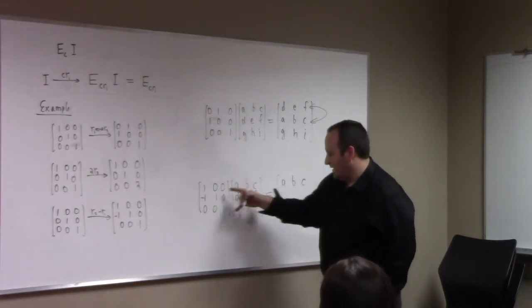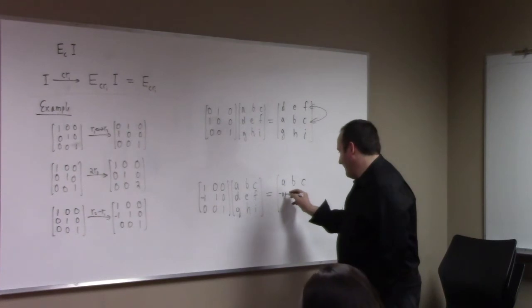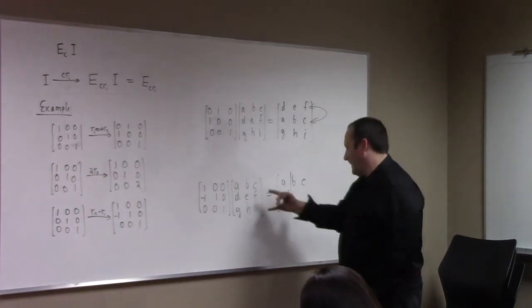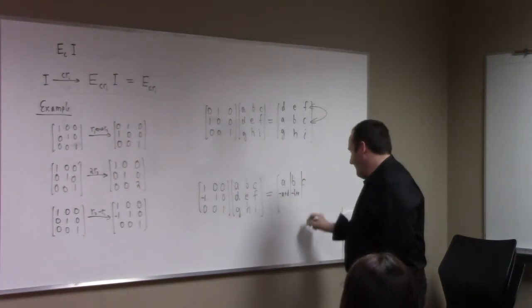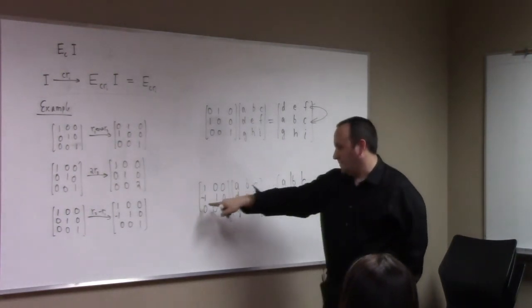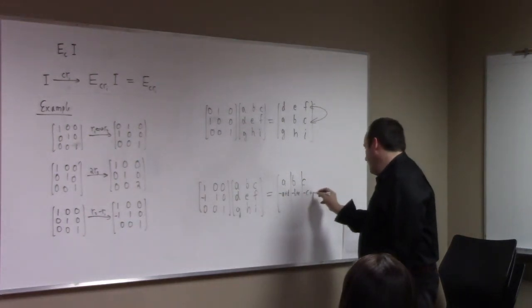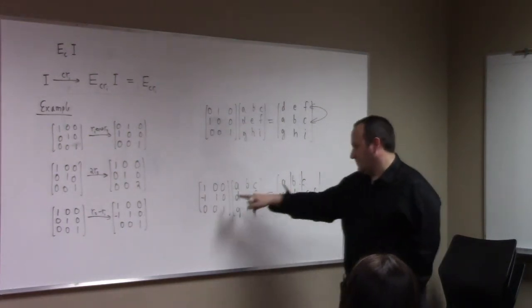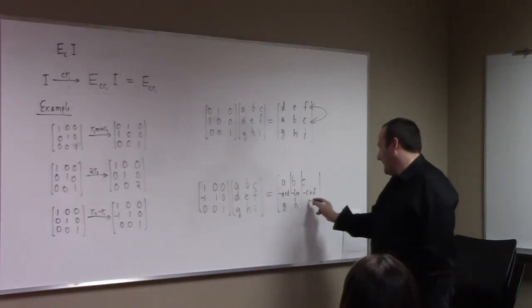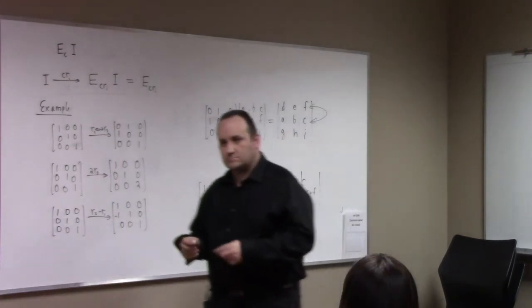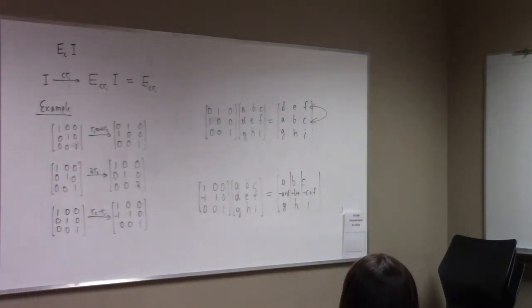We get minus A plus D, we get minus B plus E, we get minus C plus F. We get GHI. So what? What does this do for us?